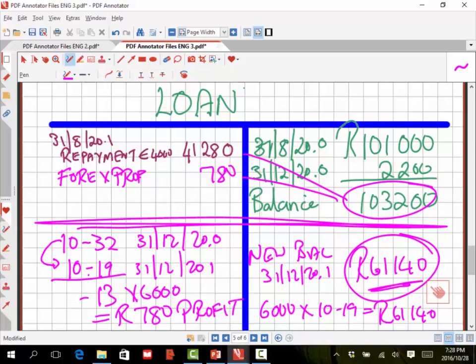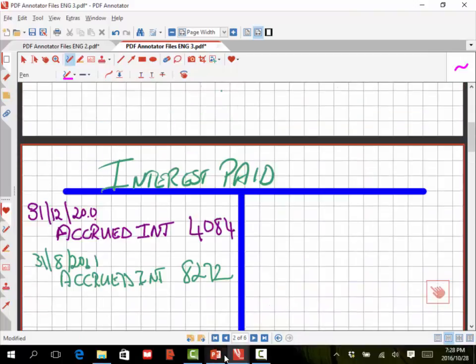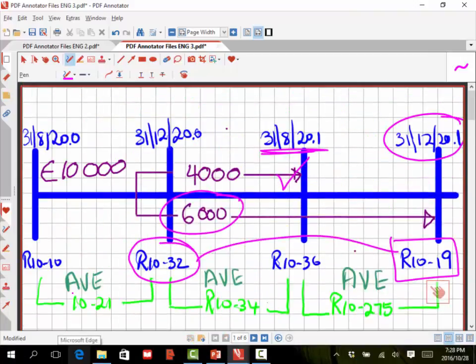The next step that we have to do is the calculation of the interest. And remember, the interest now accrues from the 1st of September until the end of the year again.